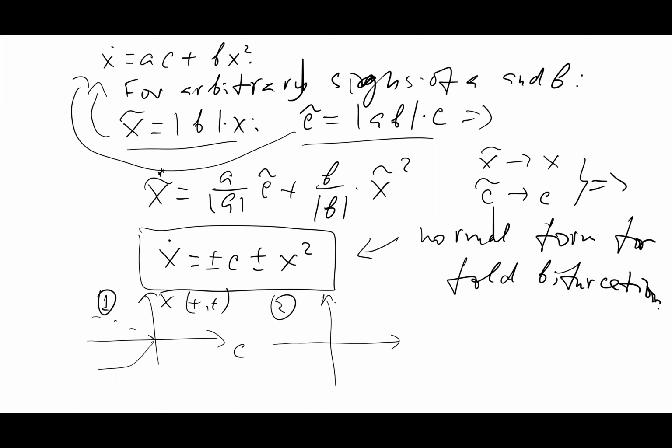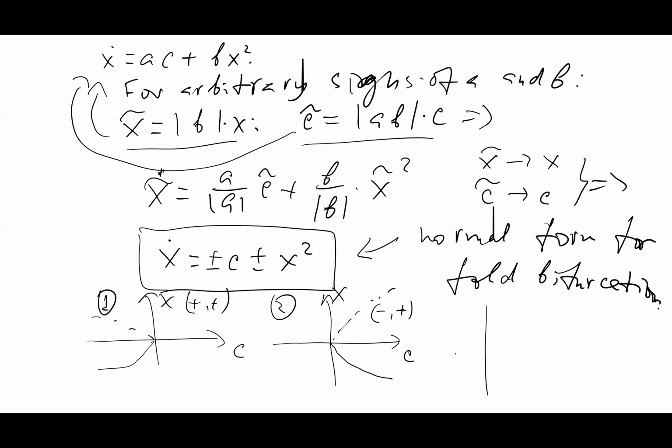It is the same procedure as was here. So again, c x, stable branch and unstable branch. And this case is minus plus. So minus means minus before c, and the second plus means plus before x squared.